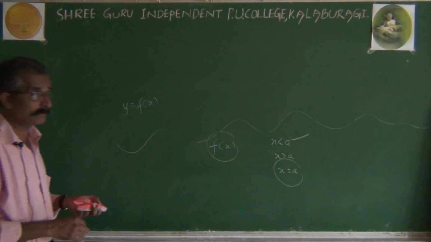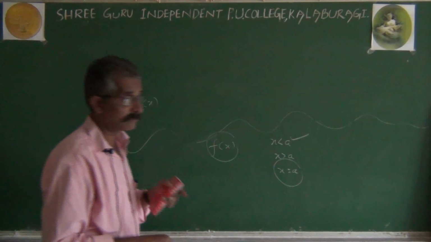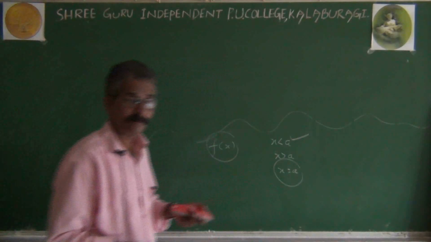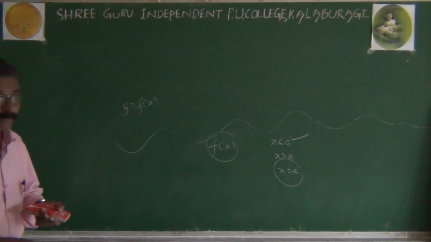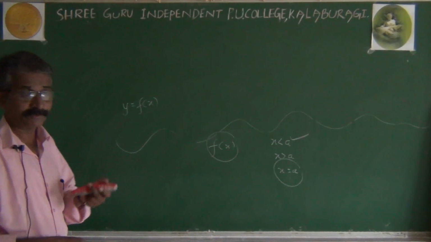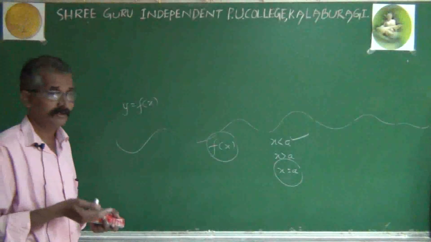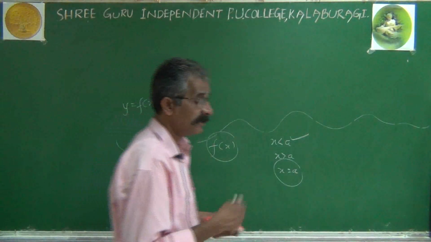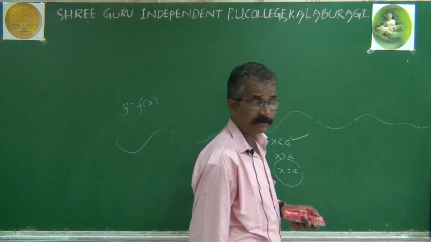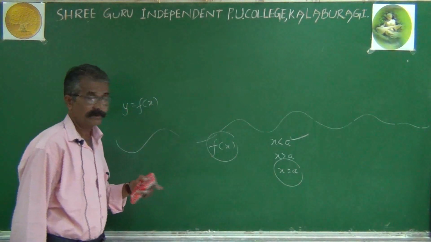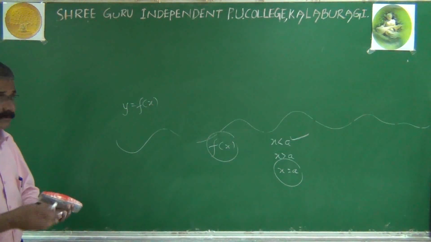So the coming problems are based on determining points of discontinuity or continuity, but it is impossible to estimate all the points, so we shall summarize in a generalization manner. After summarizing in generalization manner, at a particular point we shall decide whether continuous or discontinuous.